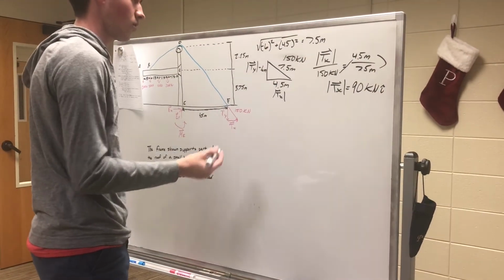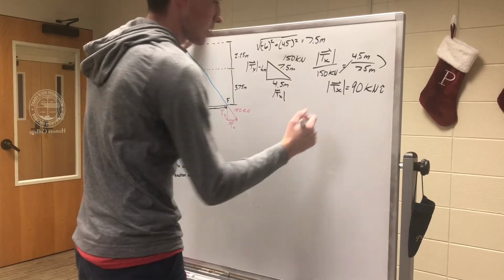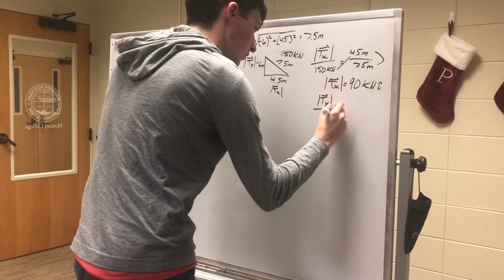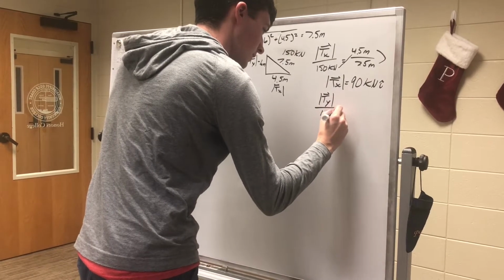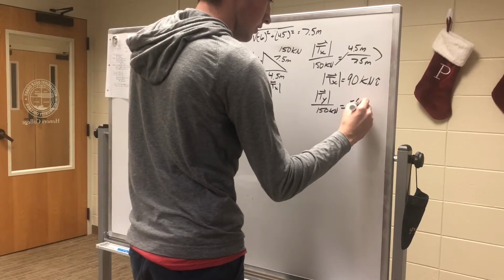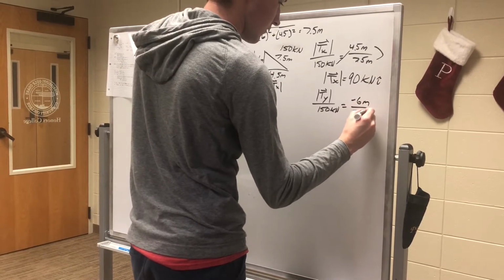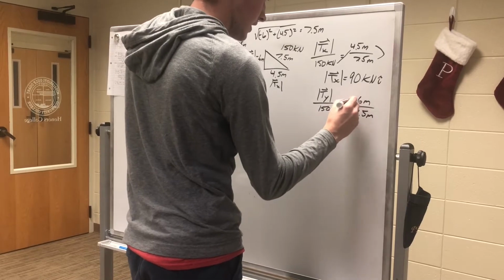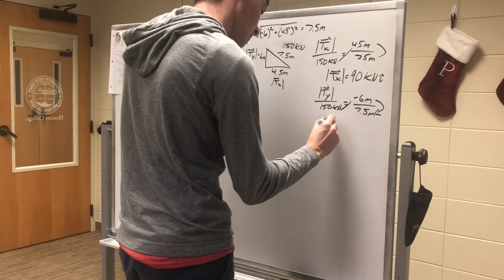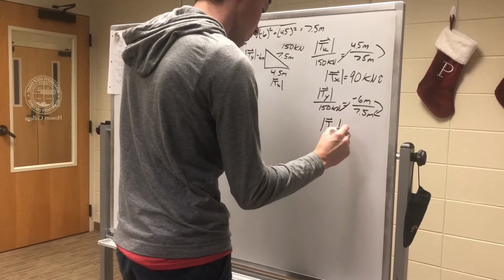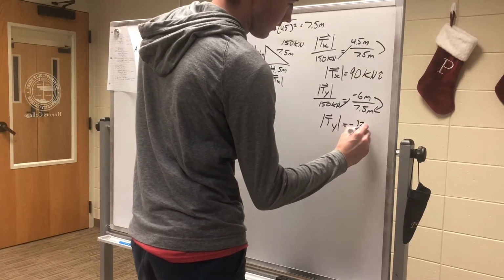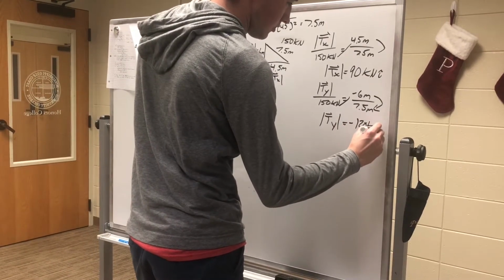Now we're going to solve for Ty, which we're going to do the same thing. We're going to set the magnitude of the tension of Y over 150 kilonewtons, and set that equal to -6 meters over 7.5 meters. And then we do the same thing, multiply here, divide here, and we get the tension in Y is equal to -120 kilonewtons J hat.